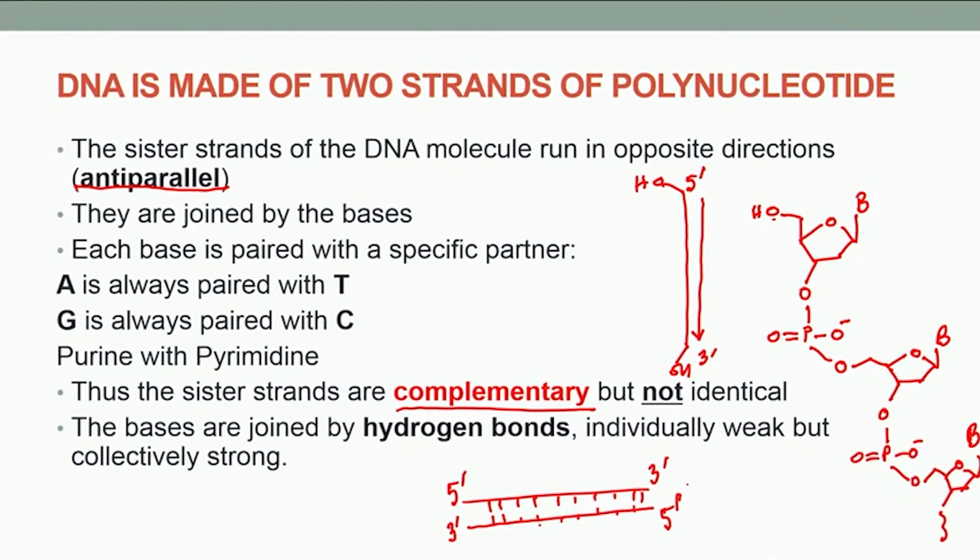That means they are running antiparallel. This is what is called antiparallel. So, first of all, the bases here are complementary, and the second one is the 2 strands are running in opposite directions. One is running from 5 to 3 prime here and the other is from the opposite direction. Okay.